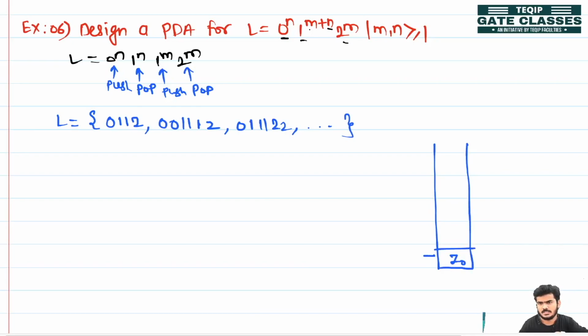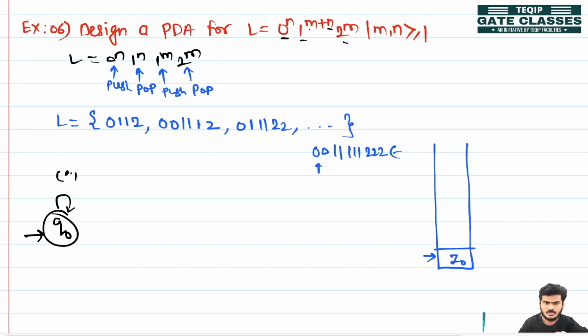So the top of the stack is Z0, and I will take the strings 0 0 1 1 1 2 2, and finally epsilon. Now I am here. Initially I am in the q0 state, and whenever I get an input 0 on Z0, I have to push that 0 into the stack.